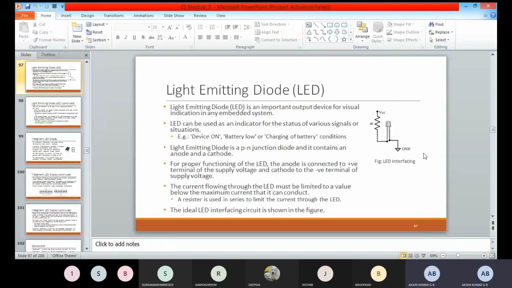The plus VCC is connected to the resistance, and the other terminal of the resistance is connected to the positive terminal, the anode terminal of the LED, and the negative terminal is connected to the ground. This is the ideal LED interfacing circuit. Clear? Any doubt? Say yes or no. No, sir.